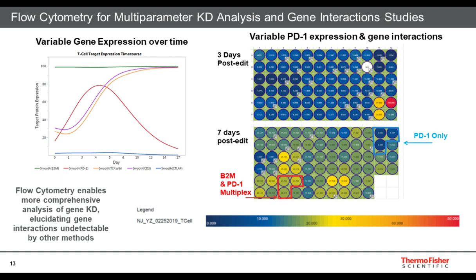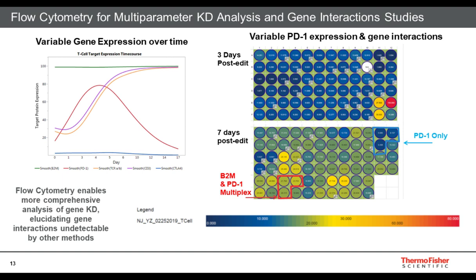So another advantage and another level of power that flow cytometry adds is that you can really look at gene expression over time. Making an edit to the genome isn't going to change as much as expression can, right? We know that when you're looking at PBMCs, for example, there's a lot of differences between donors.